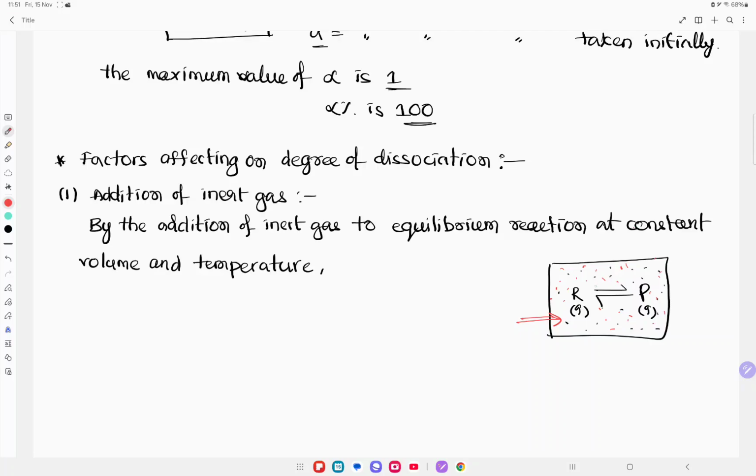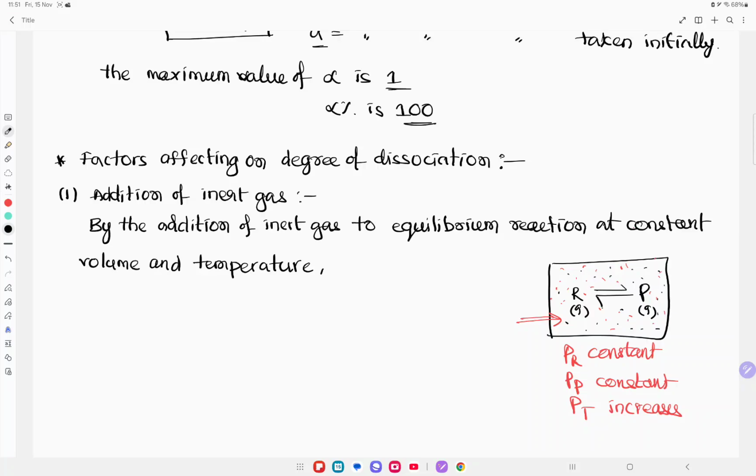Then what happens? Partial pressure of reactant doesn't change, it is constant. Partial pressure of product is also constant. But total pressure increases. Whenever the number of gaseous molecules increases, P total increases.